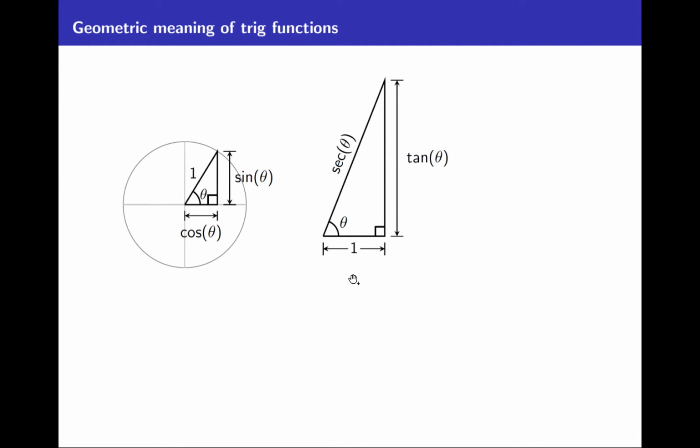And you'll find that you'll often be using this picture when you're thinking about tangent of theta and secant of theta and their relationship to one another. That'll happen a fair amount in Calculus 1, but if you go on to take Calculus 2, you'll find that you really use this picture fairly frequently, as well as this one.